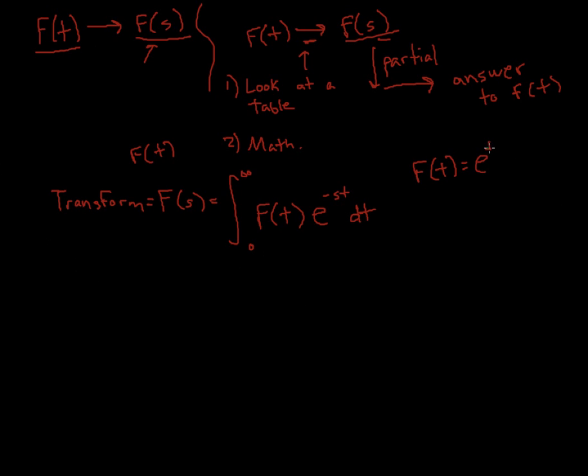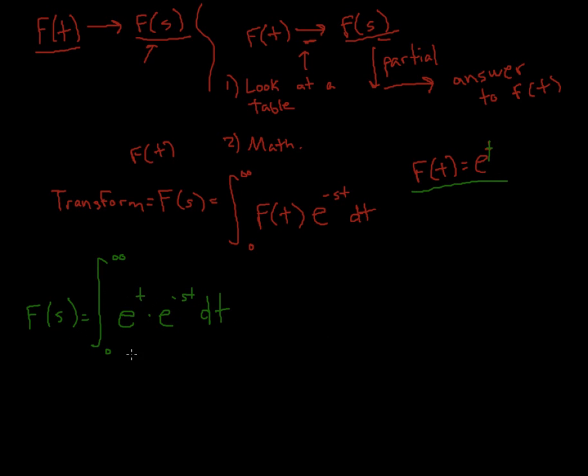If this is e to the t, then our transform with respect to s, the new variable, is going to be the integral from 0 to infinity of e to the t times e to the negative st dt. This is just plugging into the formula.